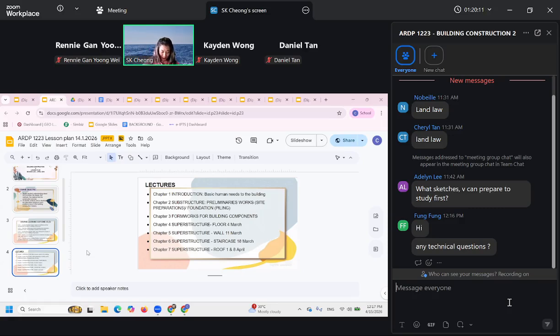Foundation or floor, those fall under simple sketches. Do you agree? And the staircase that I just showed you is more complicated, right? Okay, that's all from me. Daniel, do you get me? Okay.